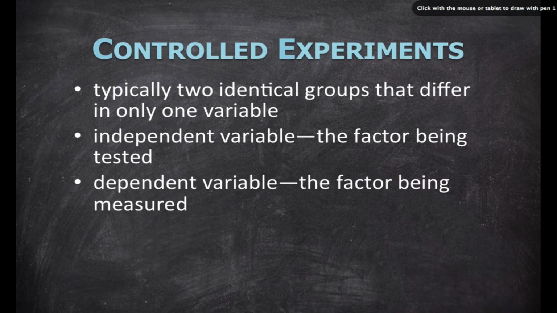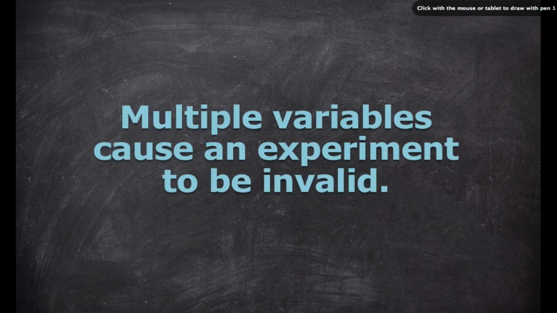The dependent variable is what's going to be measured in the experiment. So the independent variable is the factor that's being tested or manipulated. Dependent variable is the factor being measured. Now, something that we have to keep in mind, if there are multiple variables in an experiment, that can cause the experiment to be invalid.